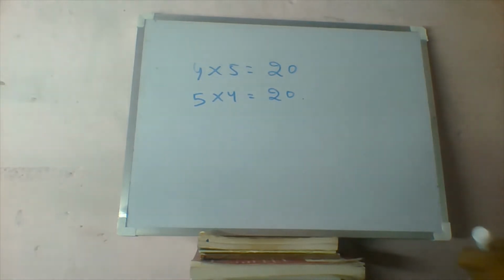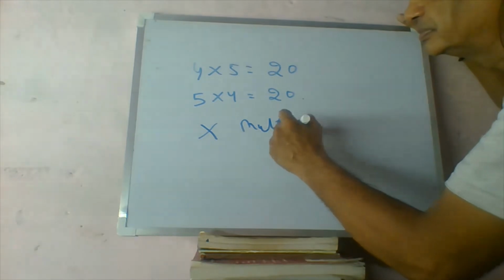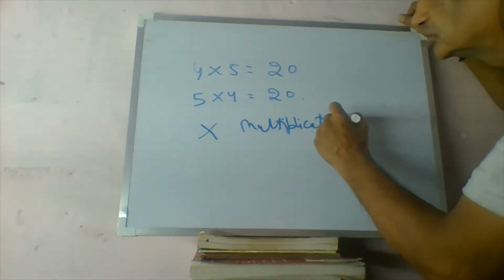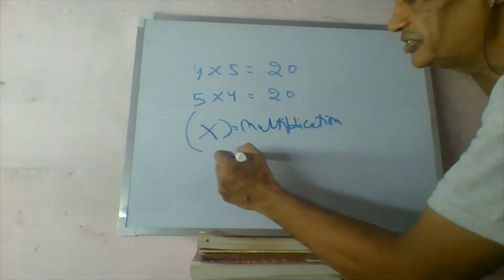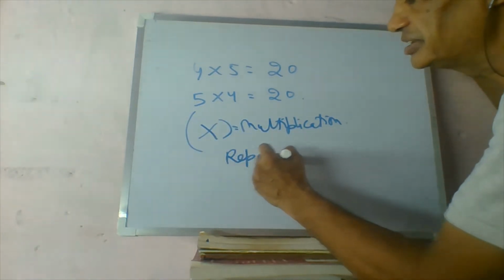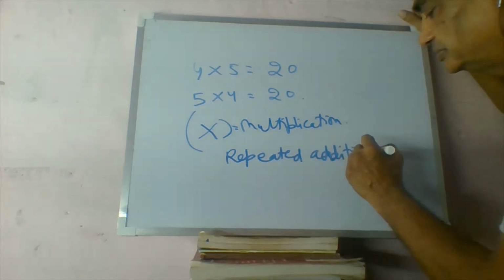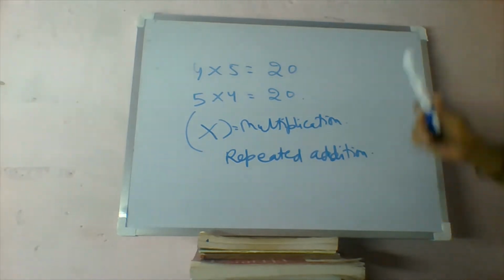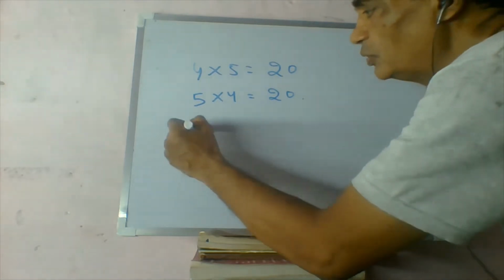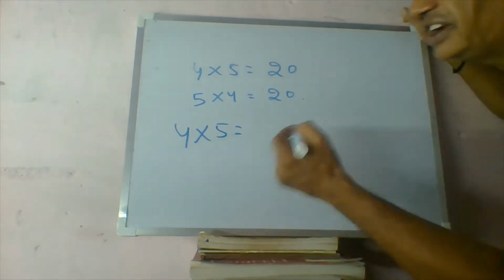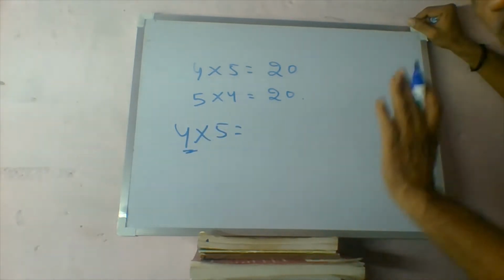Now, 4 into 5. The meaning of this expression, multiplication, is repeated addition. So, when we say 4 into 5, what we are saying is: add 4, 5 times.